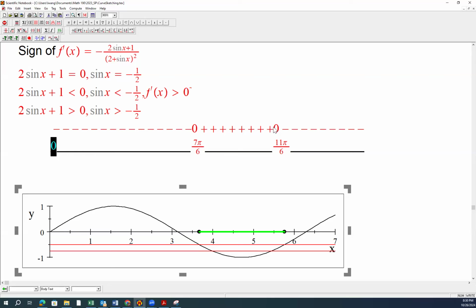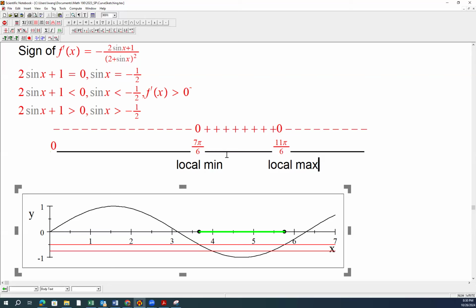So decreasing, increasing. Decreasing, increasing. So we have a local minimum. And this piece is increasing, decreasing. So we have a local max. So this will be a local min, and this will be a local max. Of course, that's for the next question.